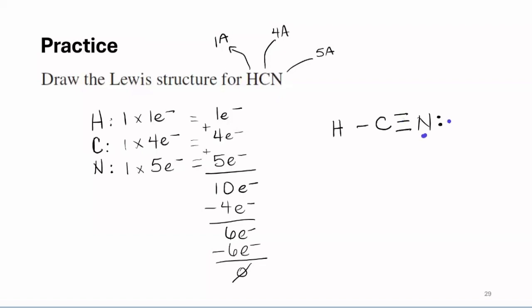Nitrogen has a lone pair. And lastly, hydrogen is sharing 2 electrons with carbon. We can count the electrons around carbon, and as you can see, there's 4 lines around carbon. So that means that carbon has 2, 4, 6, 8 electrons. So everybody has their complete octet.